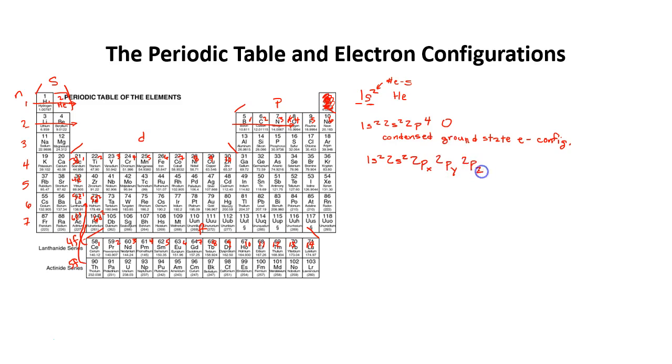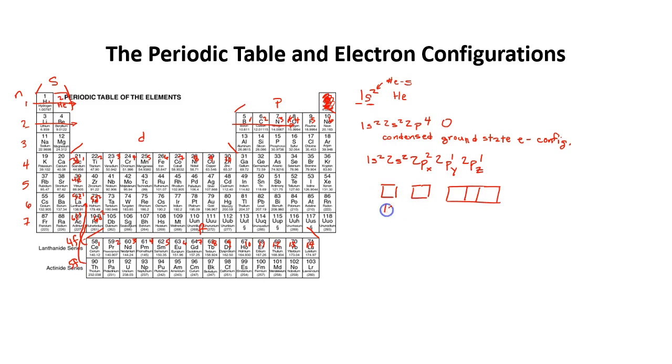Okay, so now this is where Hund's rule is going to come into play. I'm going to write a 2 right here, a 1 right here, and a 1 right here. So let's use an orbital diagram box to kind of show what's going on here and how Hund's rule comes into play here.